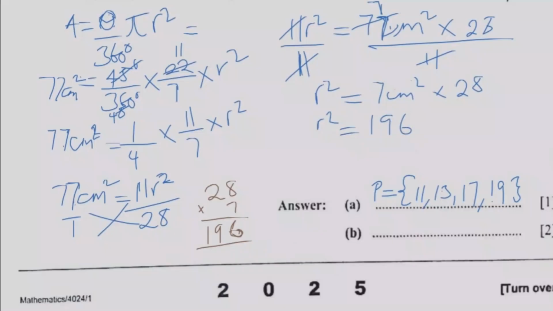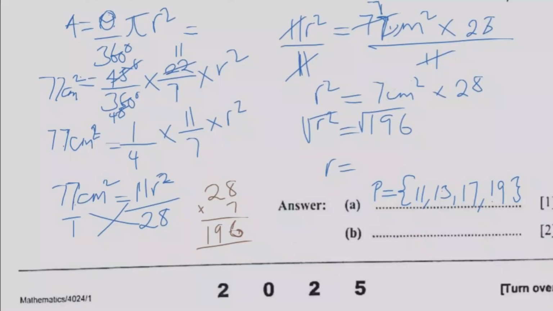Now to find the value of the radius r, I'm going to take the square root of both terms. The square root of r squared is r, which is equal to, and for the sake of clarity I'm going to use a different color to write the final answer. Now what is the square root of 196?